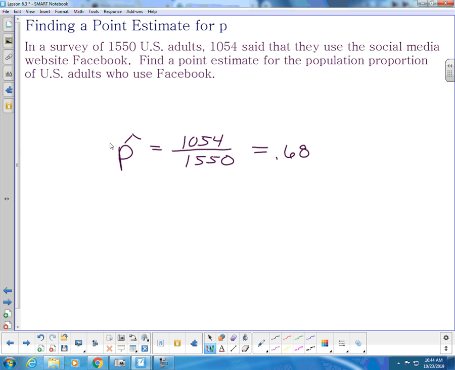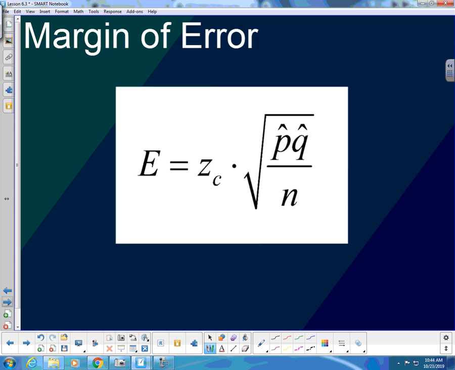All right. Moving on. Margin of error. Every one of these is going to have a margin of error formula. This one is back to z-scores, the z-scores that we did before, times the square root of p-hat times q-hat over n, your sample size.